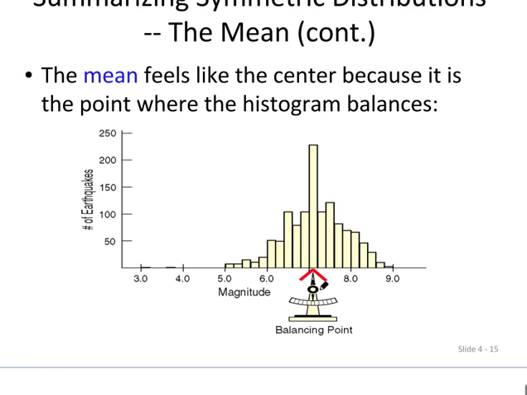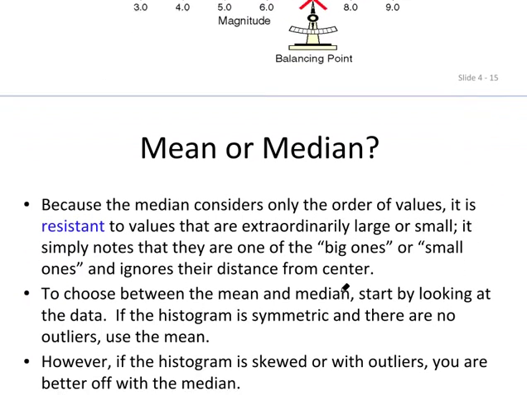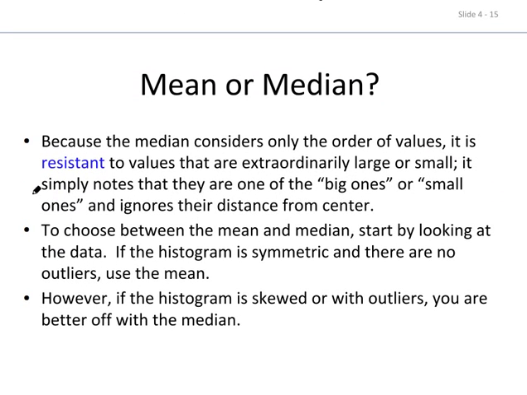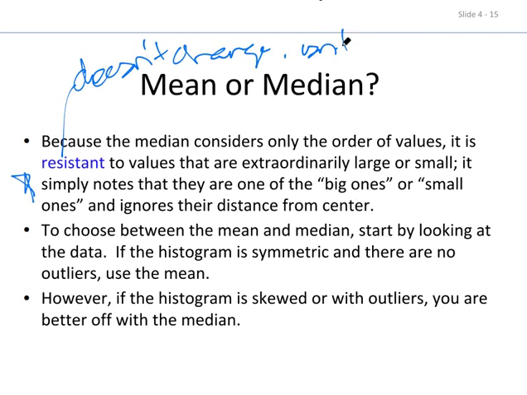But there are differences between the mean and the median, and here's the importance. The median considers only the order of the values. It is resistant to values that are really big or really small. Resistant means it doesn't change, isn't affected.